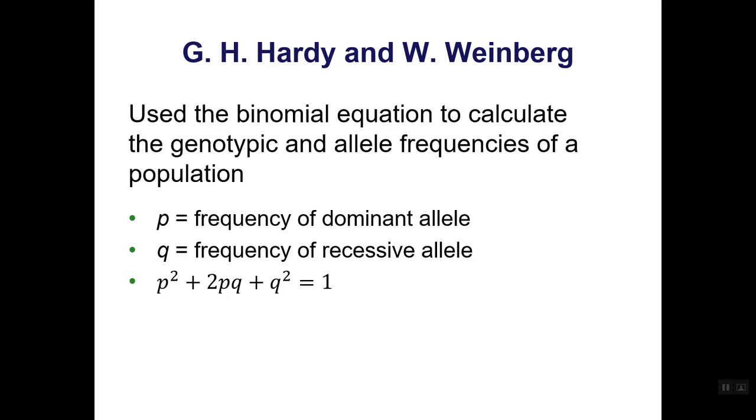The formula is listed here: p squared plus 2pq plus q squared equals 1. Now, in this formula, p represents the frequency of the dominant allele, and q represents the frequency of the recessive allele.